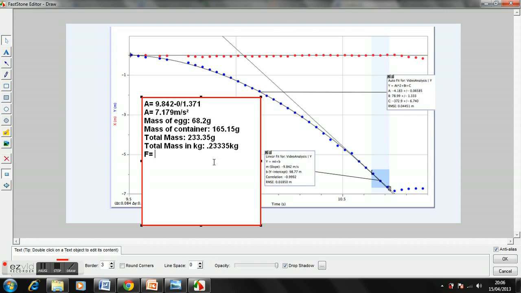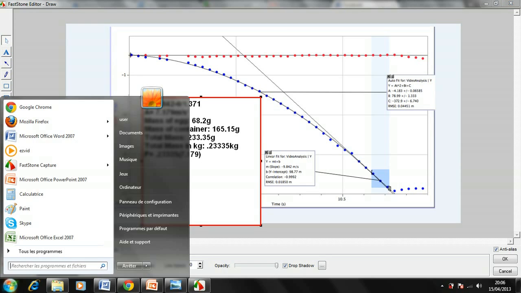So F equals 0.2335 times 7.179. Sorry, I'm stupid today. I'm tired.